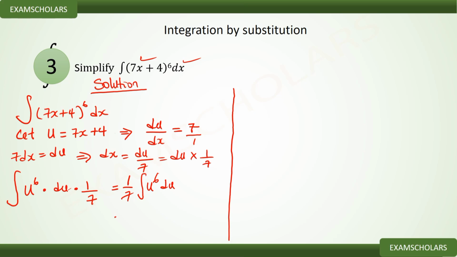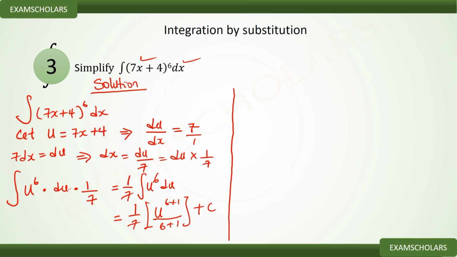Let's go. When you integrate this, you are going to have 1 over 7 multiplied by u raised to power 6 plus 1 over 6 plus 1, plus a constant. So let's finish it up.